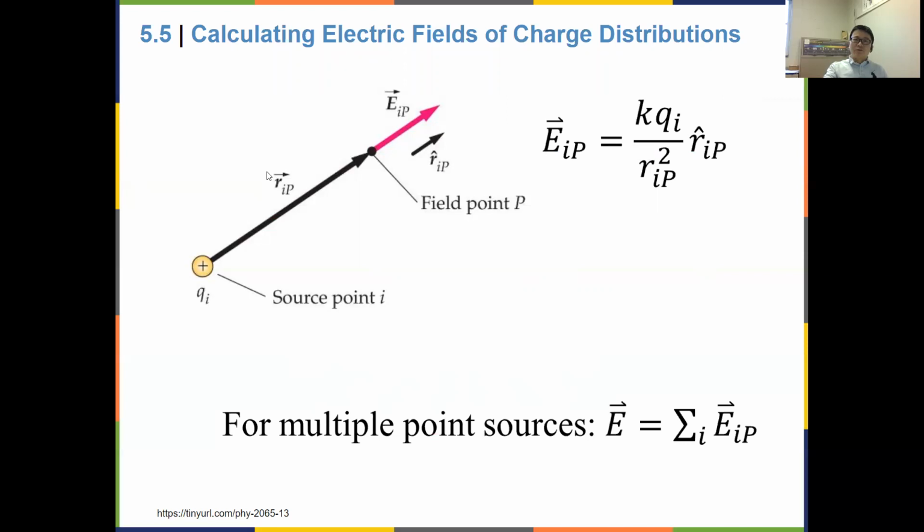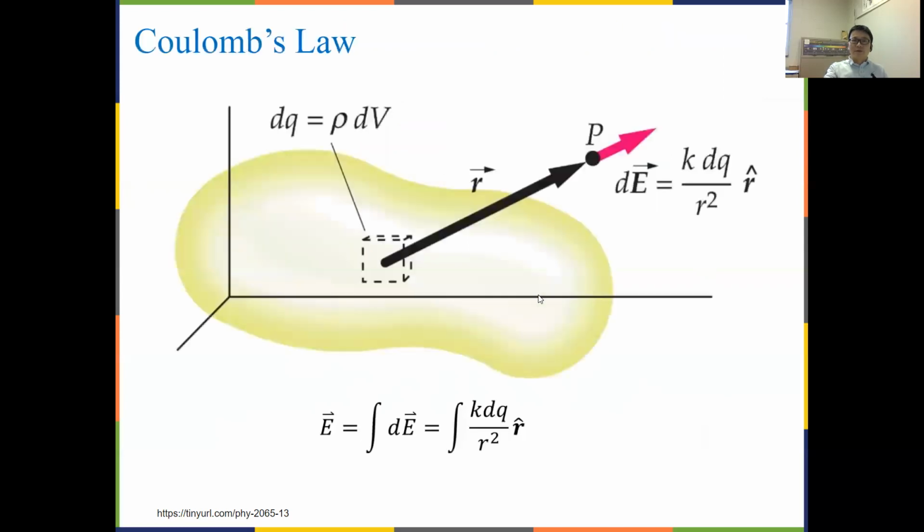Okay. And then we focused on discussing calculating electric field by charge distribution. So we start with point charges, and that's the electric field by each of the source points. You just sum all the electric fields up in vector format. Then for a charge distribution of a particular shape of object, it is either a linear charge distribution, surface charge distribution, or in this case, a bulk distribution.